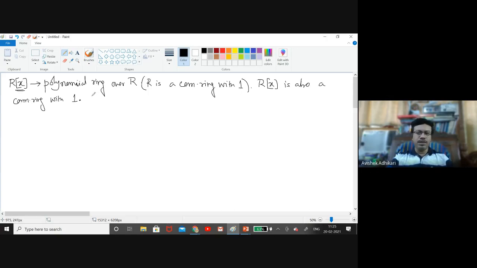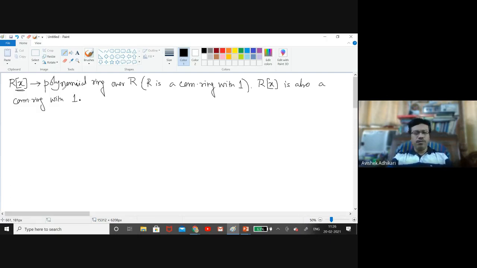I must say that you can do it over any arbitrary ring with or without an identity element, but for the sake of simplicity we assume R to be a commutative ring with 1. So in this class as well, we assume throughout that R is a commutative ring with 1. Since R[x] is a polynomial ring, R[x] is also a commutative ring with 1. Now a few more properties we need to explore.